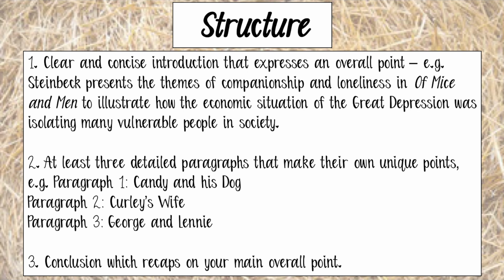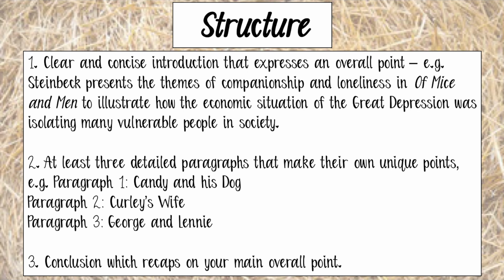Paragraph 2, I might talk about how Curly's wife symbolises isolation because she's the only woman on the ranch. I would link that to context, talking about how because of the Great Depression, women were being pushed back into the home, and Curly's wife emphasises that isolation. And then paragraph 3, I would talk about George and Lenny.